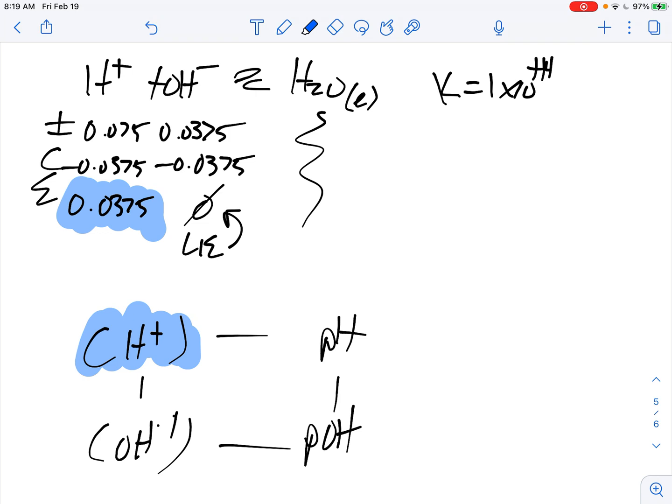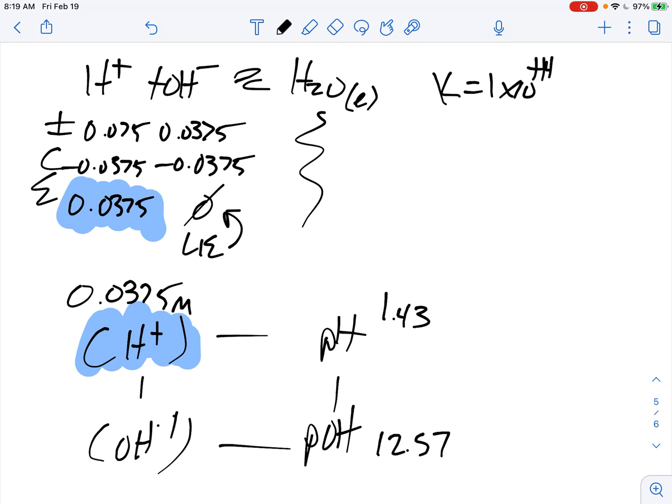So as soon as you know any one of the 4 corners, you now know all 4 of those corners. So like we talked about before, this is 0.0375 molarity that's there. And so if I take 0.0375 and take the negative log of it, I get a pH of 1.43, which then is going to get me a pOH, not that I care, of 12.57.